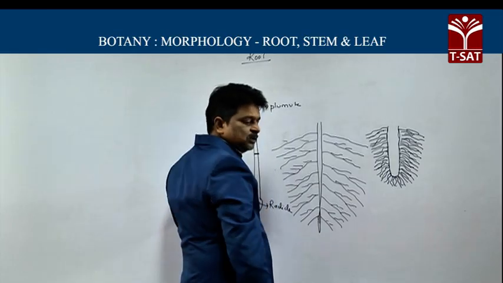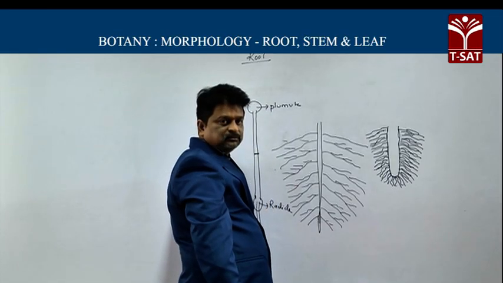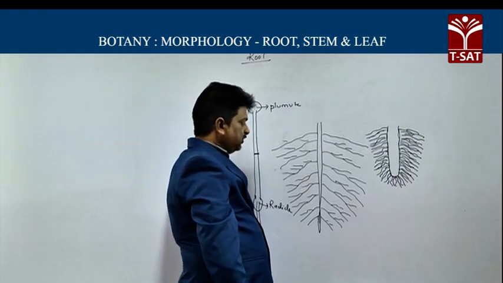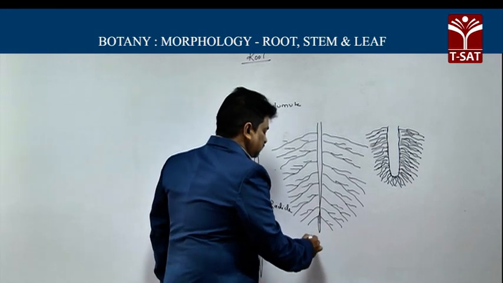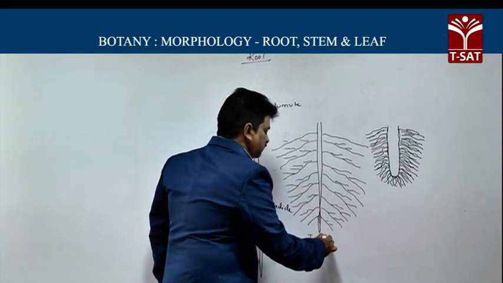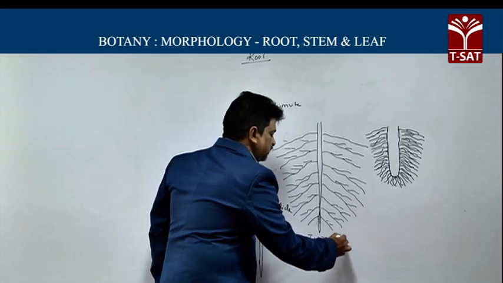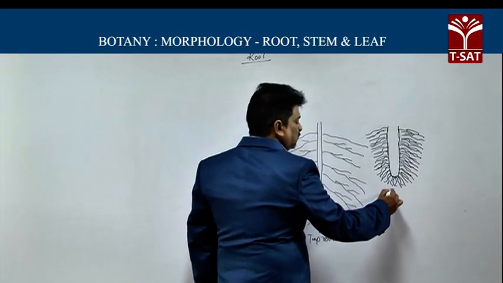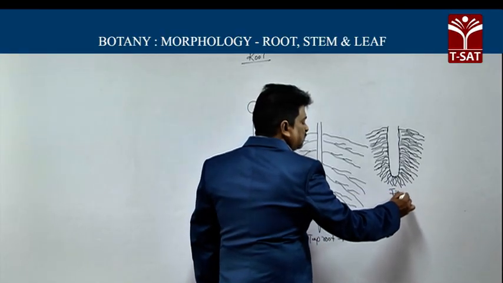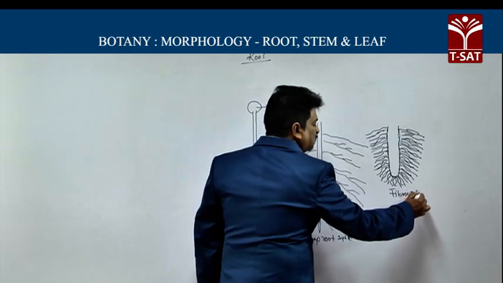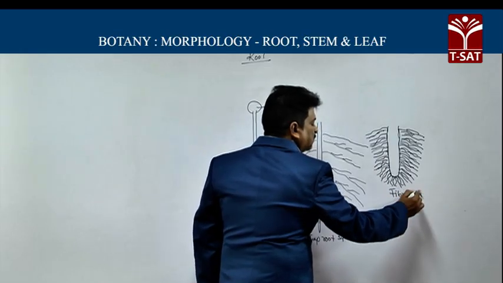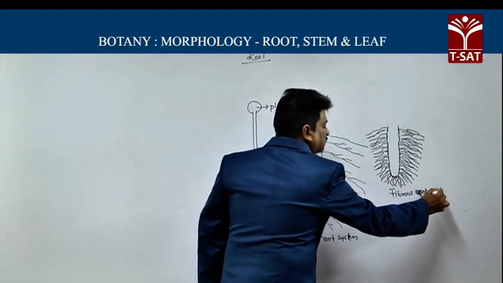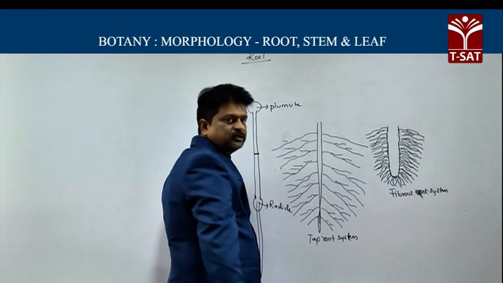The third type is adventitious. It is nothing but fibrous. But the definition for adventitious: if a root system is developed from any part of the plant other than the radical, it is called adventitious.